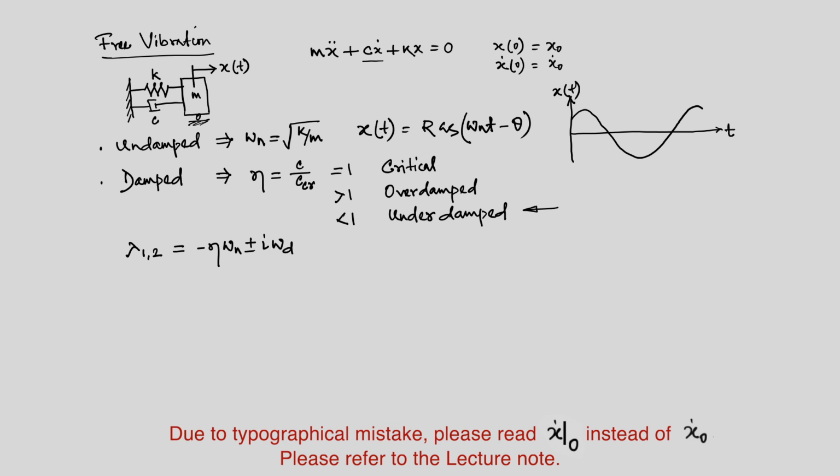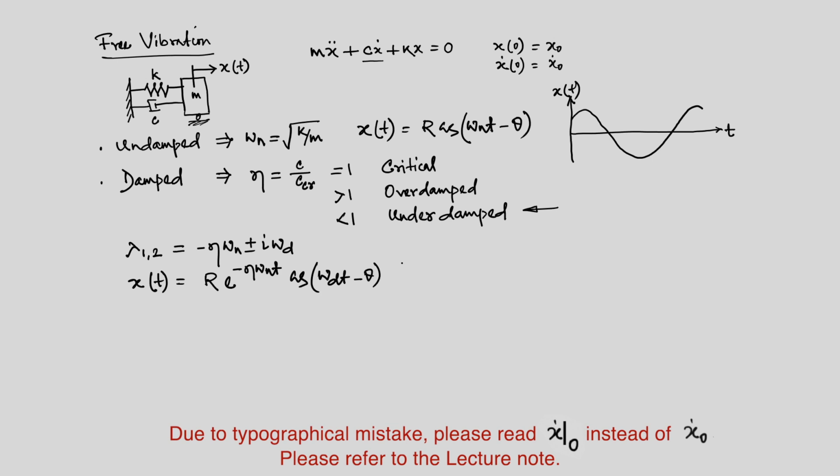And the solution for this case, x of t, is equal to r e to the power minus eta omega n t, cos(omega d t minus theta).